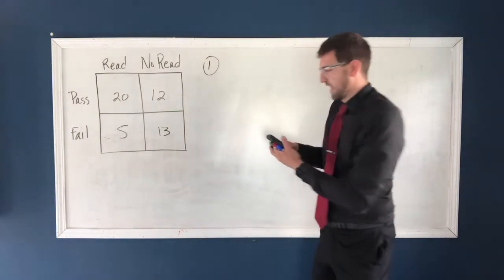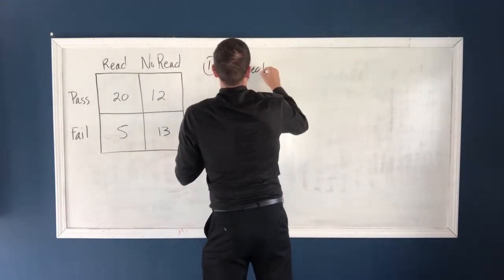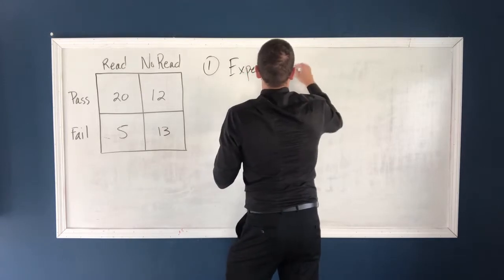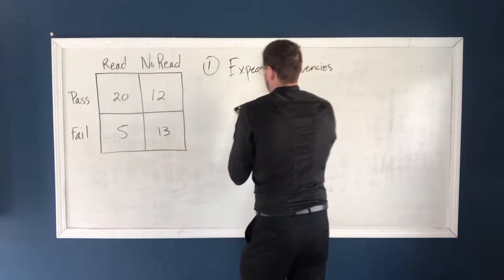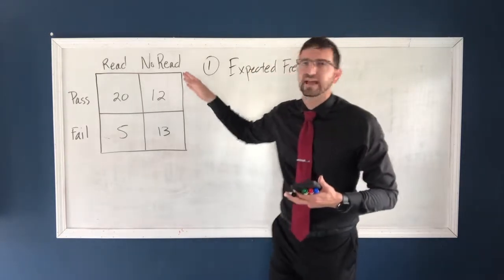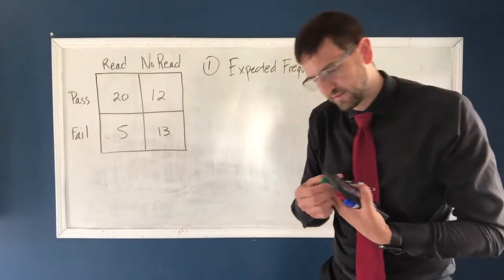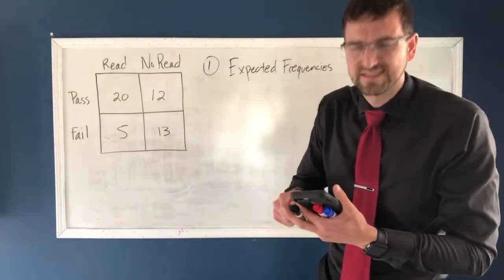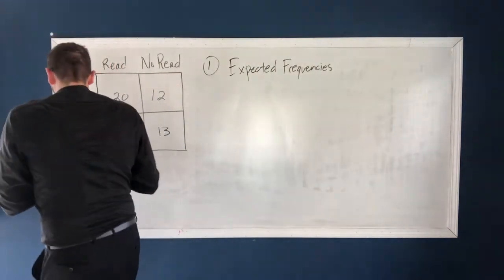So as we're calculating expected frequencies, we need to go ahead and label the cells. And let me show you what that looks like. Because if we don't label the cells, it's going to be kind of confusing for us. I'm going to go ahead and use red.